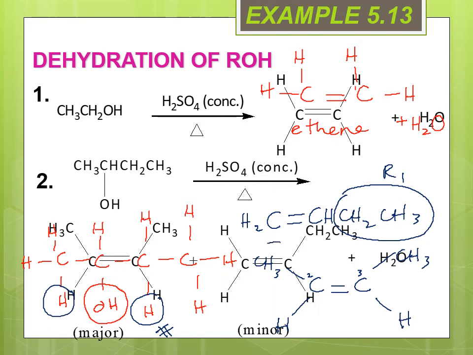So for this second structure, we are going to have R1 and R2. So which one is going to become the major product? Yes, the second one is the major product, whereas the first one is the minor product. So we are actually following the Zaitsev rule, because the Zaitsev rule states that the major product of the elimination process would be the alkene that has the most number of alkyl groups.